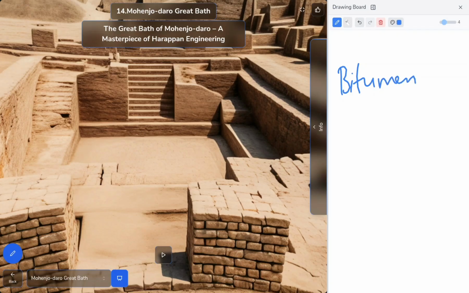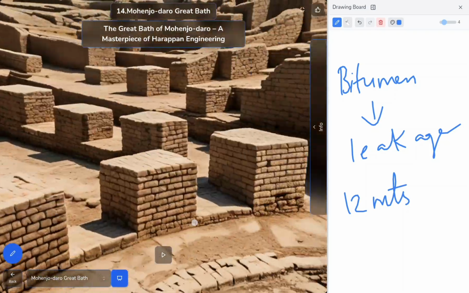This bitumen helps in preventing the leakage. The bath is about 12 meters long.